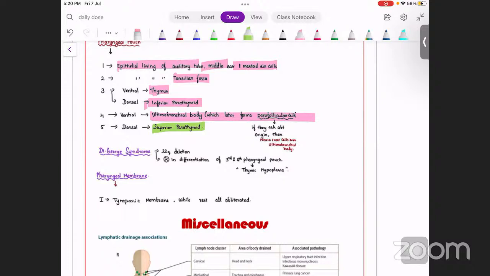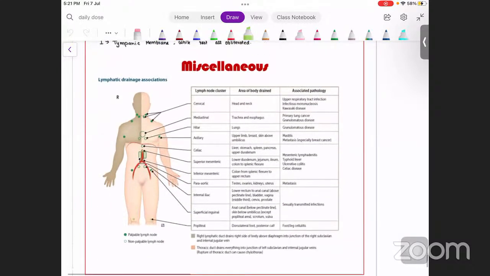What is DiGeorge syndrome? 22q deletion is your DiGeorge syndrome, where you see the absence of differentiation of the third and fourth pharyngeal pouches, with thymic hypoplasia, people. Then you have pharyngeal membrane 1, only one, which forms your tympanic membrane, while the rest will all be obliterated.